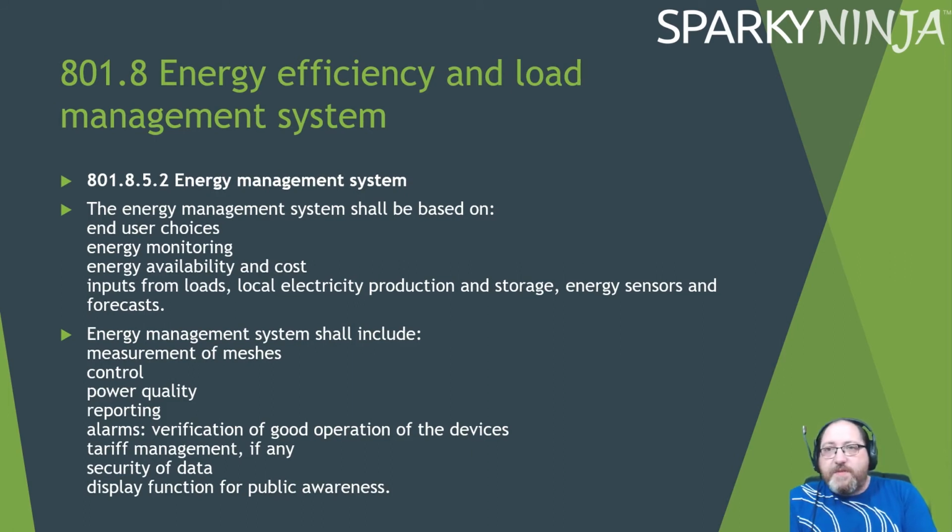Energy management system. The energy management system should be based on the end user's choice, energy monitoring, energy availability and costs, and inputs from loads, local electricity production and storage, energy sensors and forecasts.